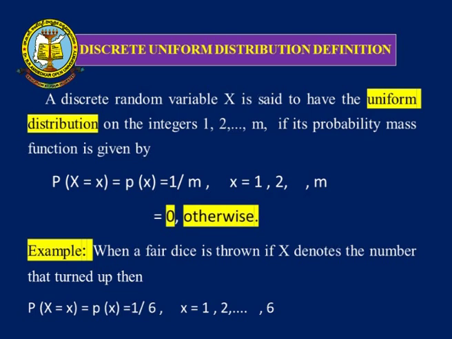Therefore, what is the probability mass function of uniform distribution? P of x is equal to 1 by m.